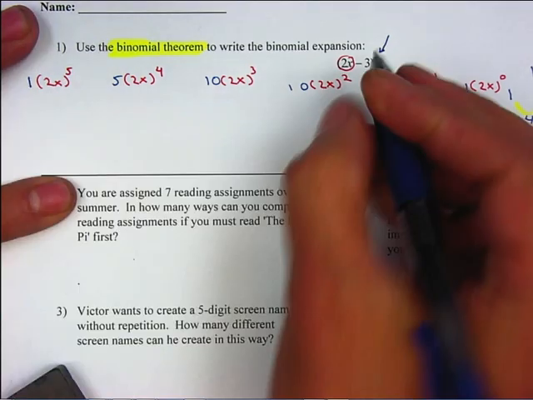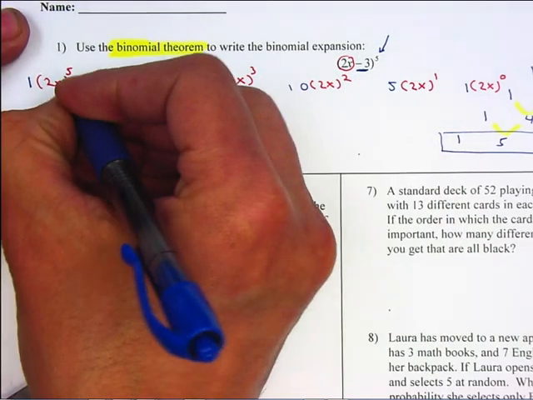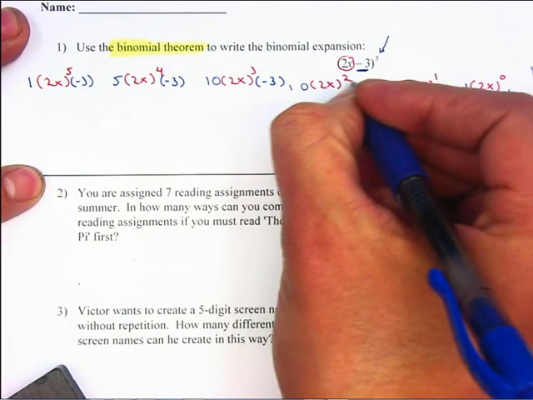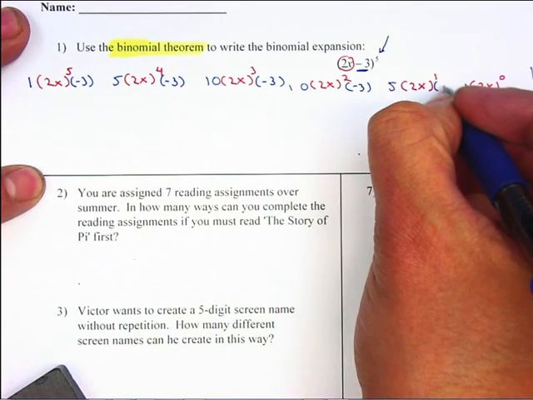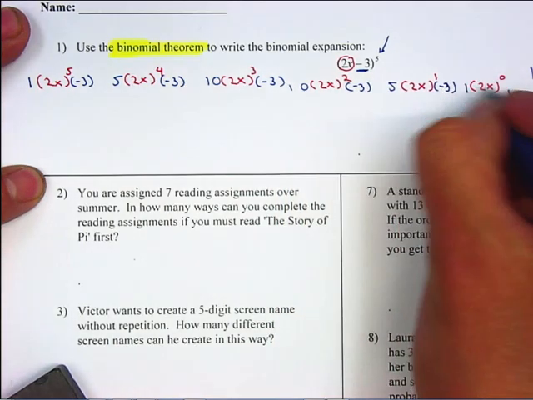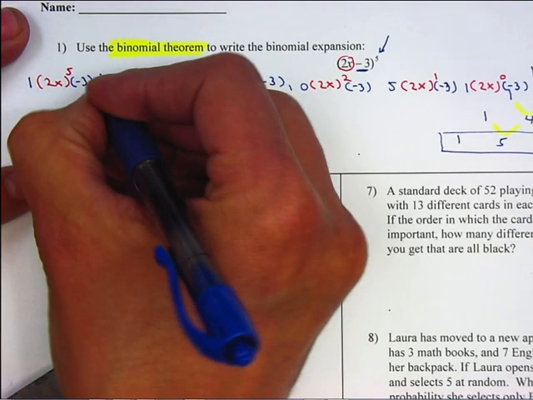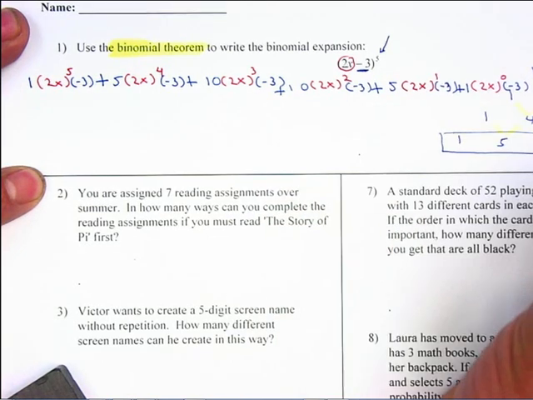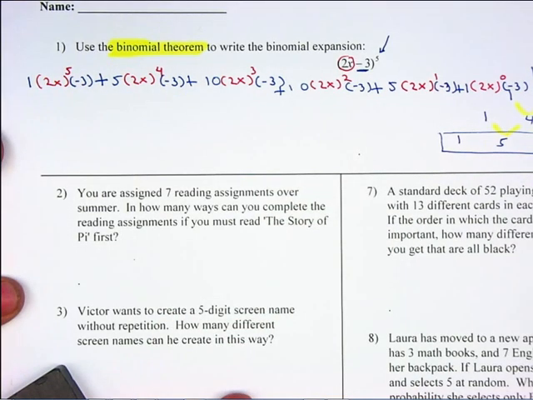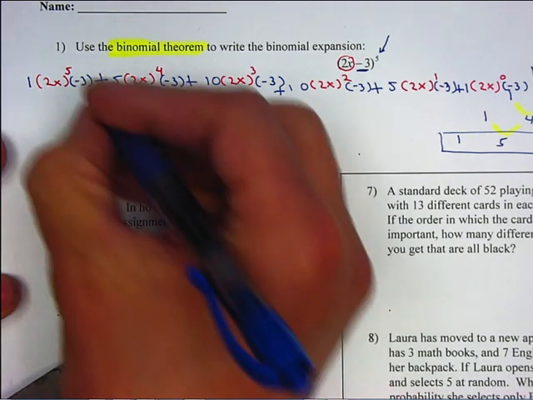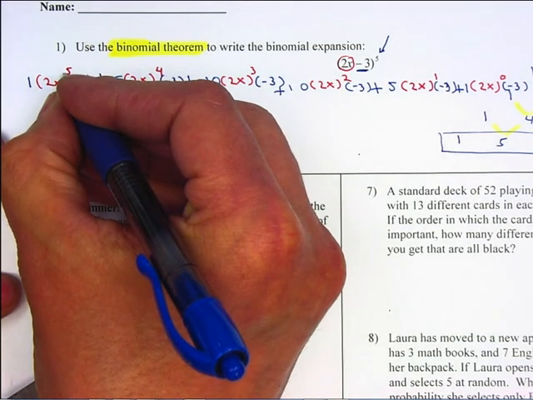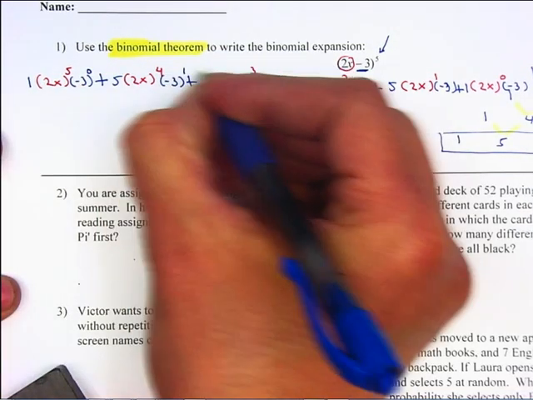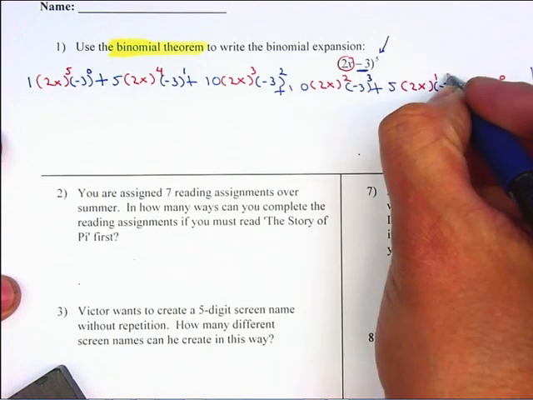Now the letter B, which will be a negative 3 in this case, negative 3, negative 3, negative 3, negative 3, negative 3, and negative 3. And don't forget to place a plus in between each one of them. And what did I forget? My exponents for the negative 3. Now the 5 went from 5 all the way down to 0. Letter B will be from 0 all the way up to 5.